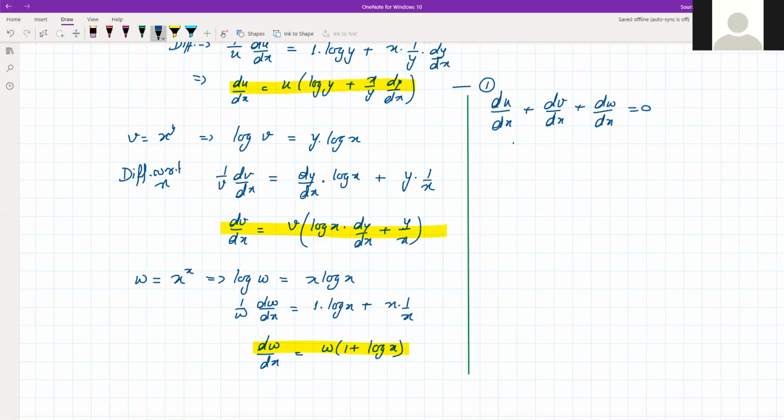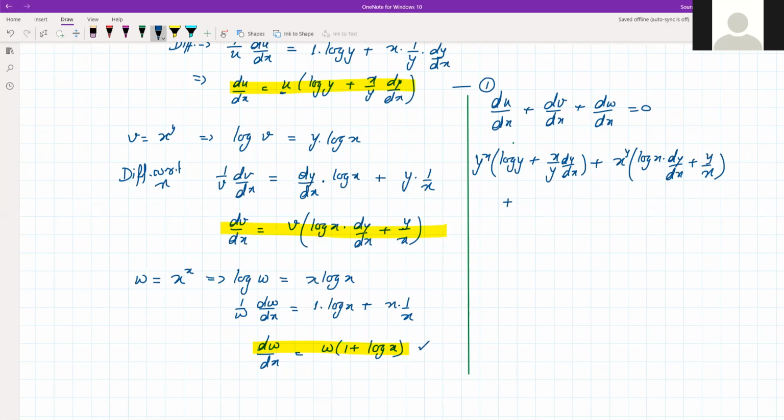So the first one, u. We know u was y to the power x, so we can write y to the power x into log y plus x by y dy by dx, plus the second function v is x to the power y, so x to the power y into log x dy by dx plus y by x, plus the third expression, that is this one.